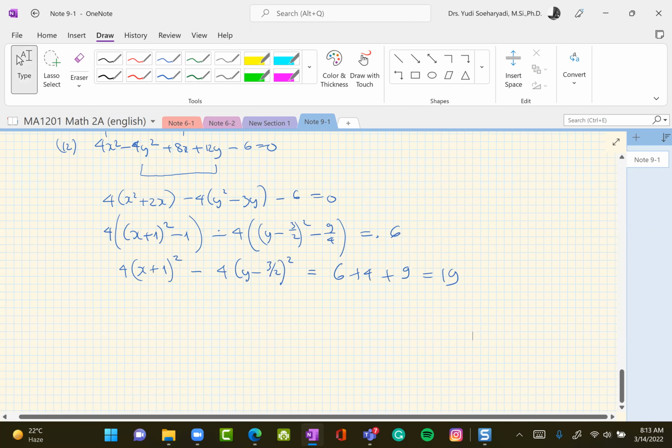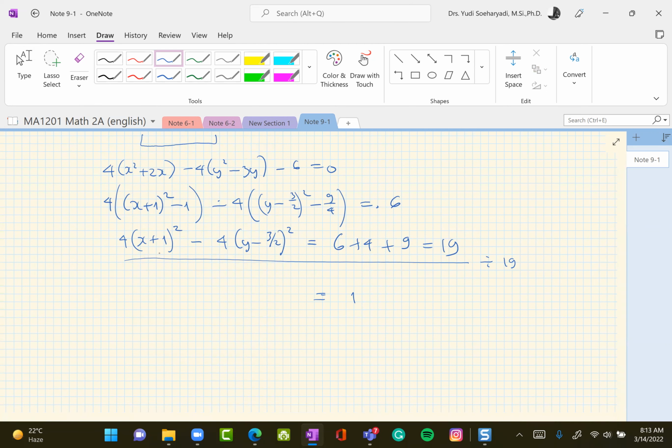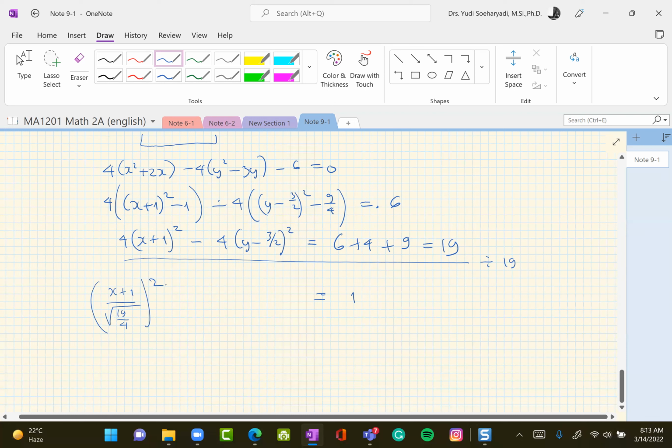All right, so then you subtract 19 and you get 1 there. And here you have x plus 1 squared over 19 over 4, then minus y minus 3 halves squared over also 19 over 4.